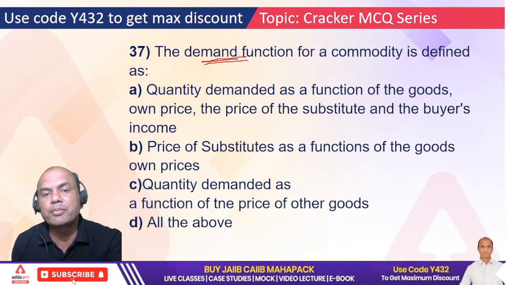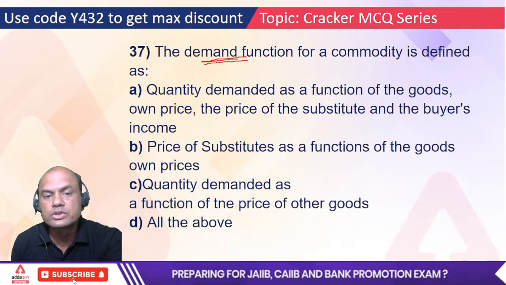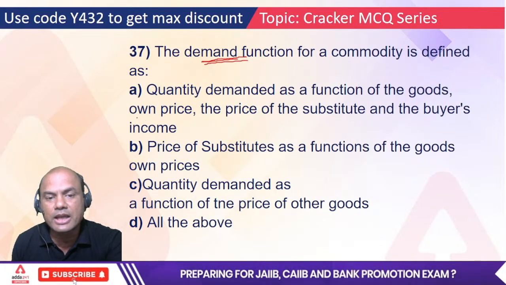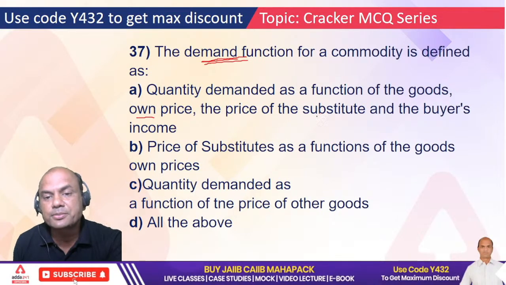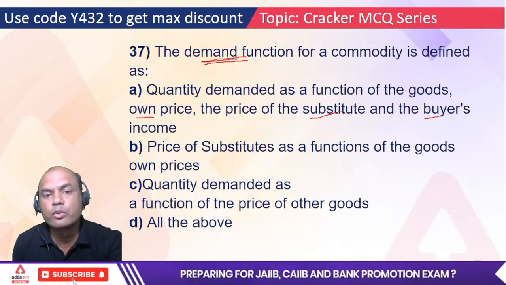Demand function comprises three parts: the good's own price, the price of the substitute, and third, the buyer's income. All these three things should come together, only then it's called the demand function.